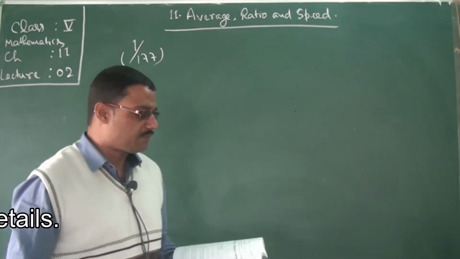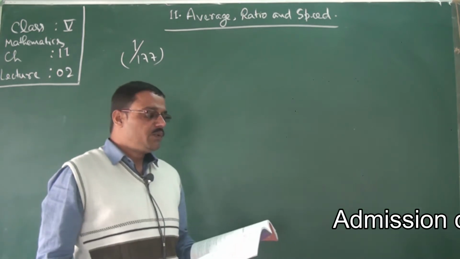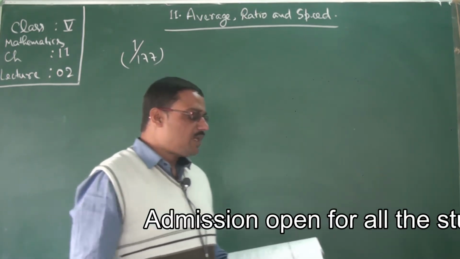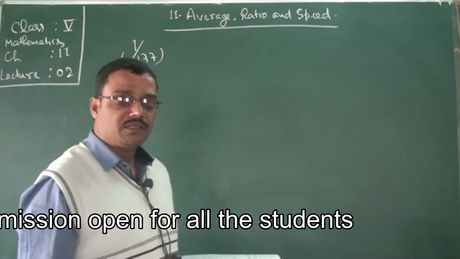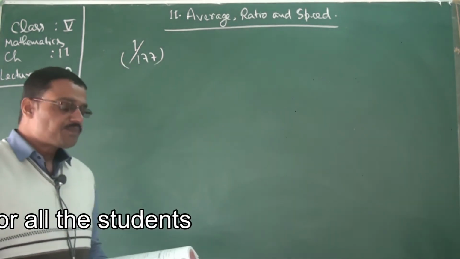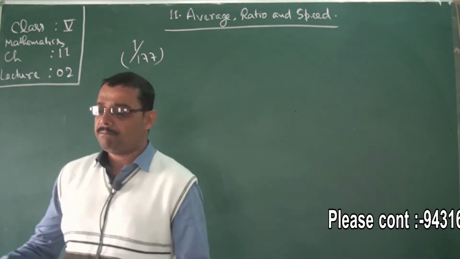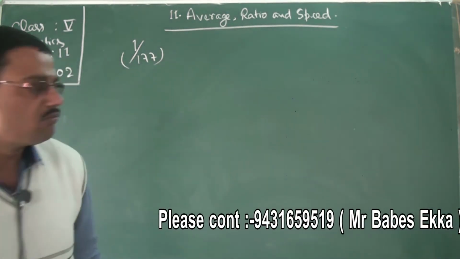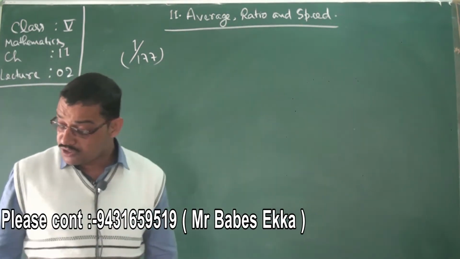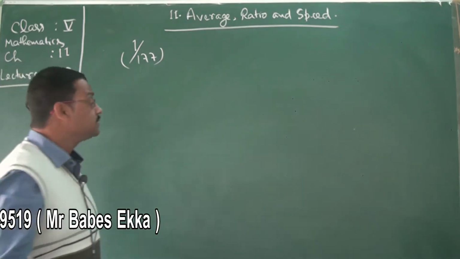We are asked which family consumed more rice per month. To find out, we need to find the average of both the families and compare them. We will get which family has consumed more rice.